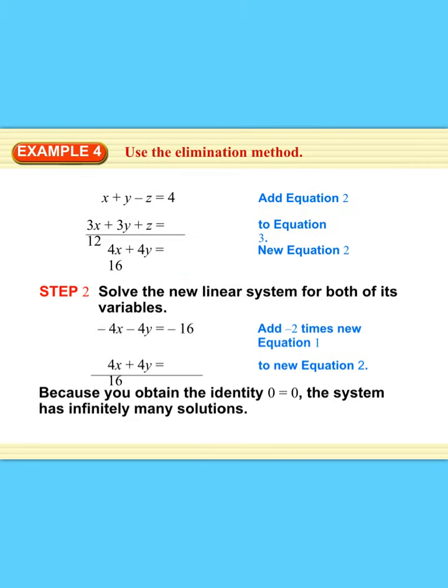So looking at the second equation and the third equation, my z's again have the same coefficient and they differ by sign. So I can add them, and I'm going to get 4x plus 4y, z's eliminated, and 4 plus 12 is 16.